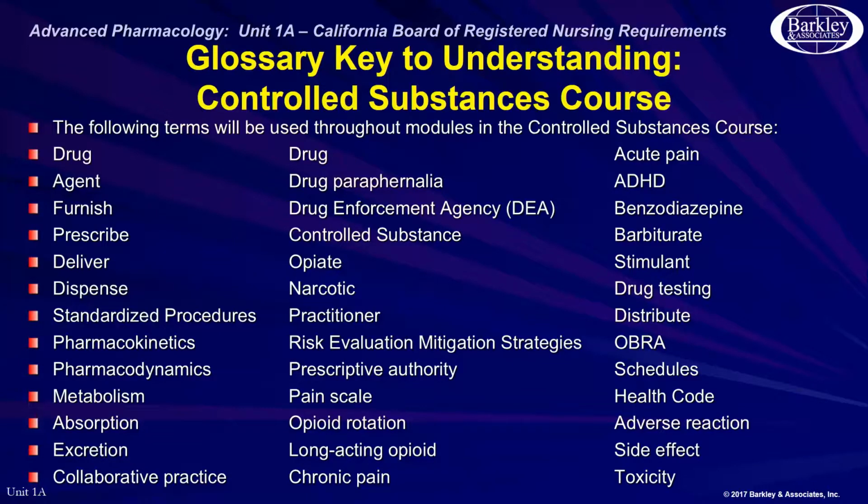So certainly from that list, there are some terms that you might think are common to pharmacology and all drugs, and others that will be rather unique to the controlled substances aspect of this pharmacology course.